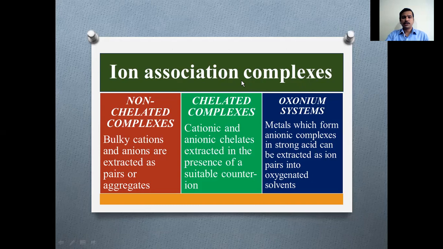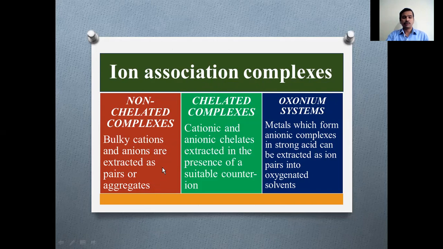I have already presented an example for each of these different kinds of ion association complexes. Ion association complexes are mainly classified into three groups: non-chelated complexes, chelated complexes, and oxonium systems. In the non-chelated ion association complexes, bulky cations and anions are extracted as pairs of ionic aggregates.